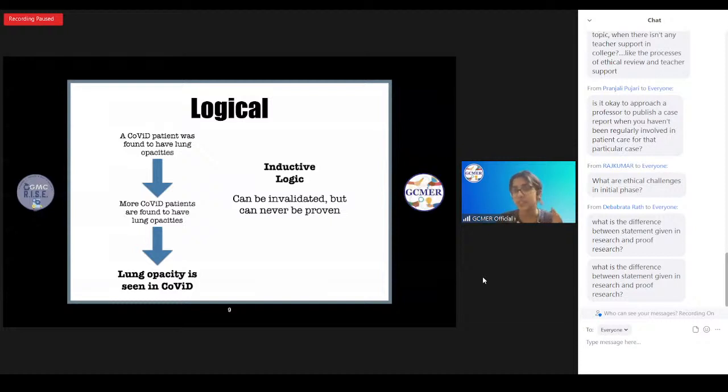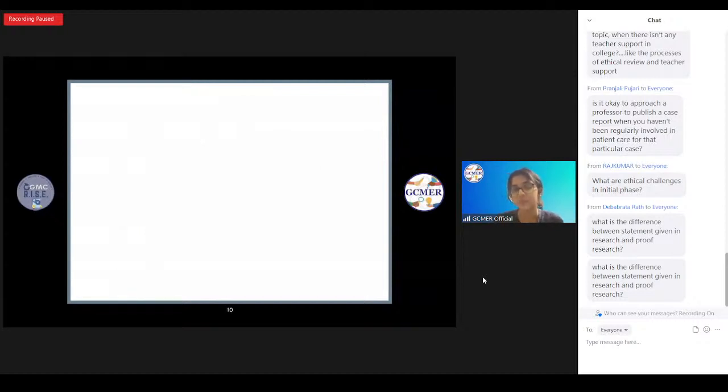Why? Because you can never test all COVID patients. But if you come across a few COVID patients who don't have lung opacities, it will be invalidated, that COVID patients have lung opacities. So that's why this is called inductive logic, and it can be invalidated, but it can never be proven.